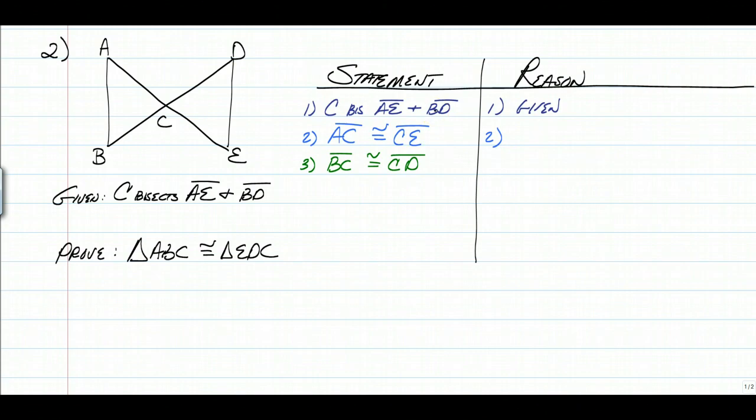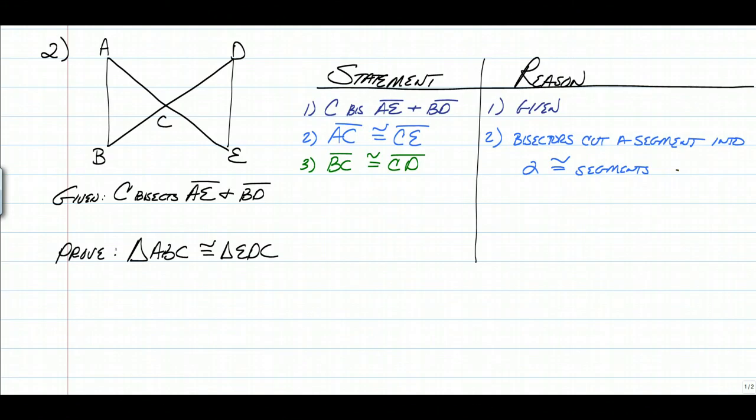So then what would you use for your reason? Well, this is where you can give an if-then statement, or you can actually just describe what's happening. But basically what you need to say is bisectors cut a segment into two congruent segments.